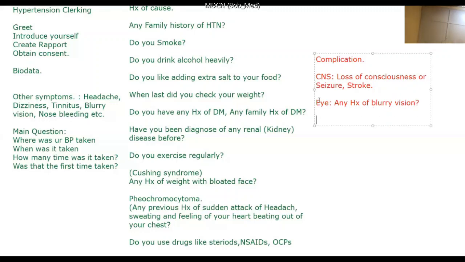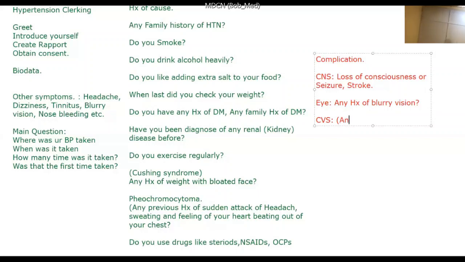Apart from that, let's go down from the eyes to the chest. It can affect the heart also. Don't forget the CVS. If it affects the CVS, how do you want to ask questions? You want to ask for palpitations, for any history of chest pain, for any difficulties in breathing, dyspnea, and all the rest. So you want to join these things together.